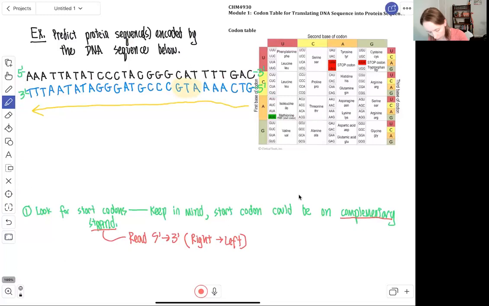Then in order for that start codon to work out, after you have found that start codon of ATG, reading from the top strand or the bottom strand, in this case we had to read from the bottom strand, we have to look for a stop codon that is a multiple of 3 from our start codon.